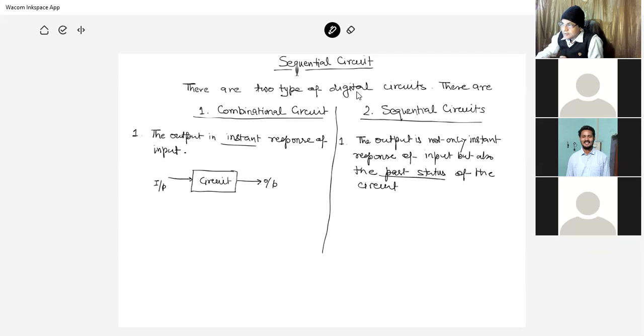So we can suppose this is a circuit block, and you are giving the input. This is the input, and the output is after the feedback.